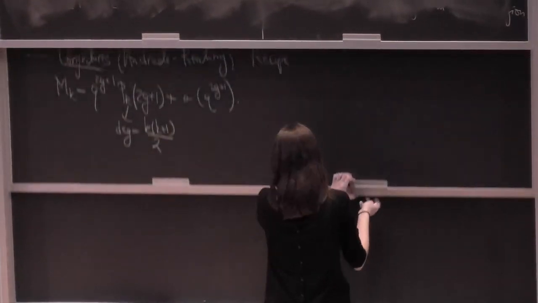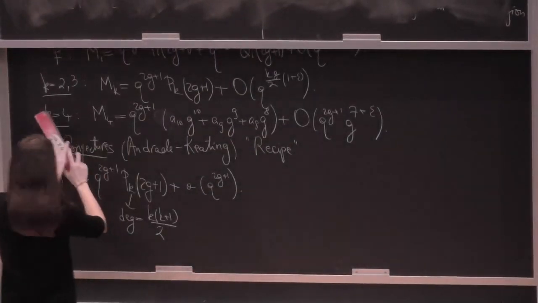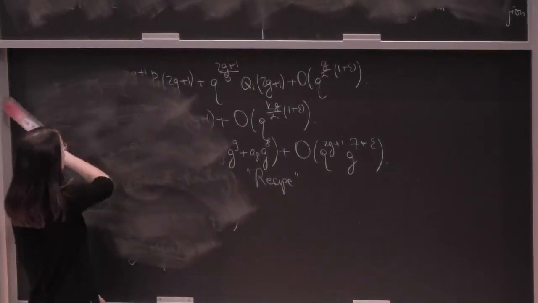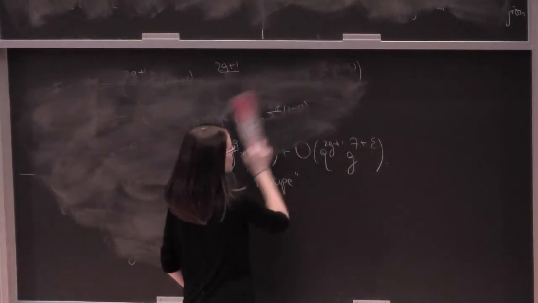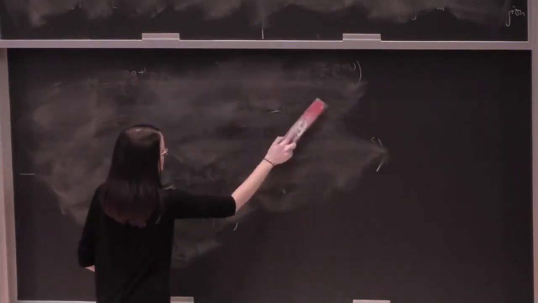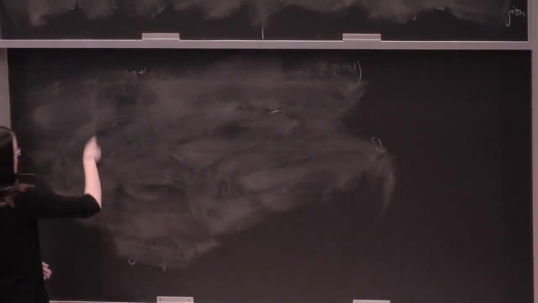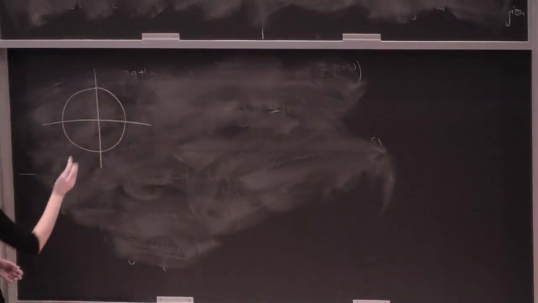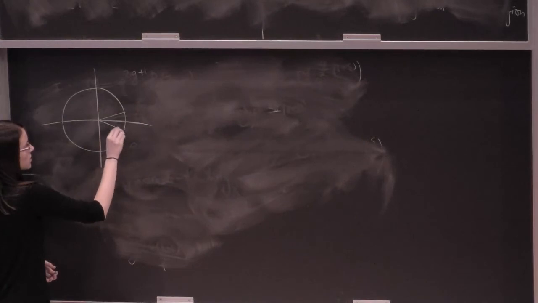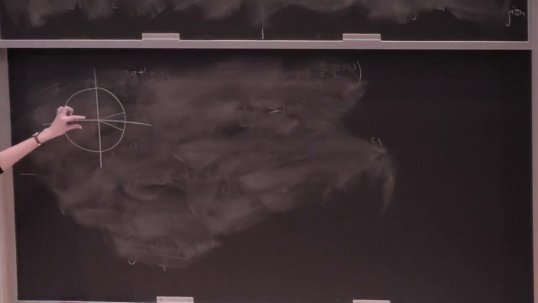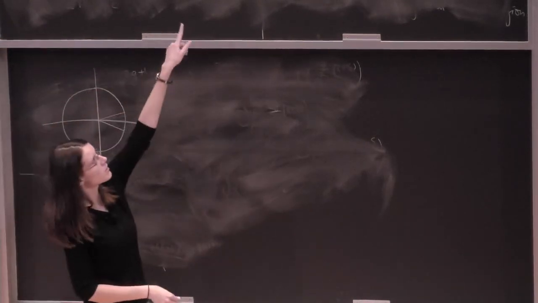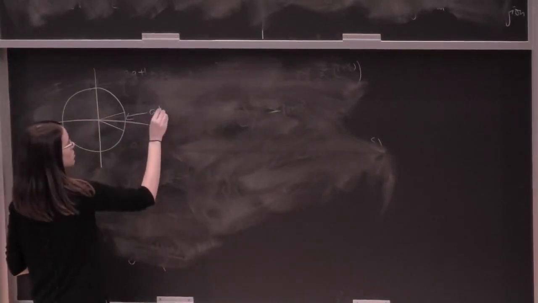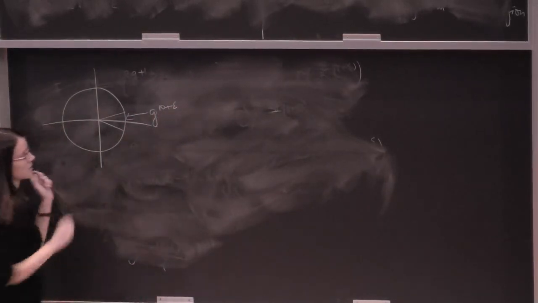So what that is saying is that when I integrate along the circle, if I'm on a small arc around the origin of angle 1 over g, then I expect to get a power of g to the 10.